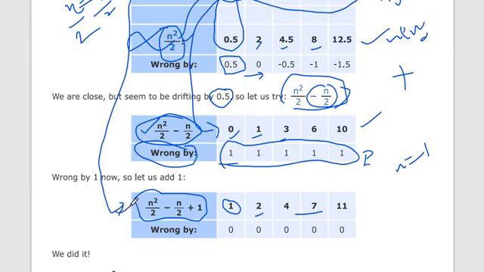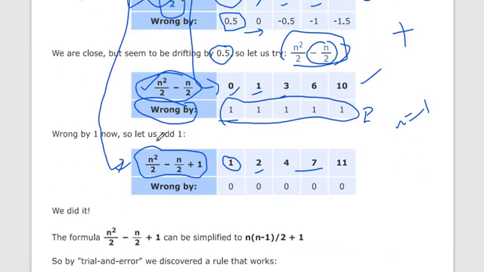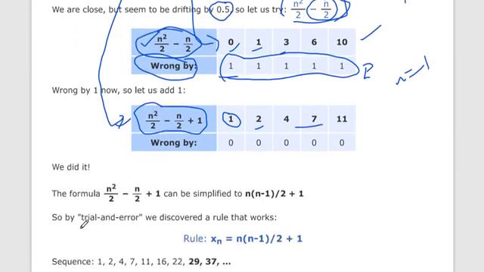Okay, so with trial and error you can get the rule of any sequence. You have to use the trial and error method. With this formula, if we take n common, it becomes n by 2 times n minus 1, plus 1.